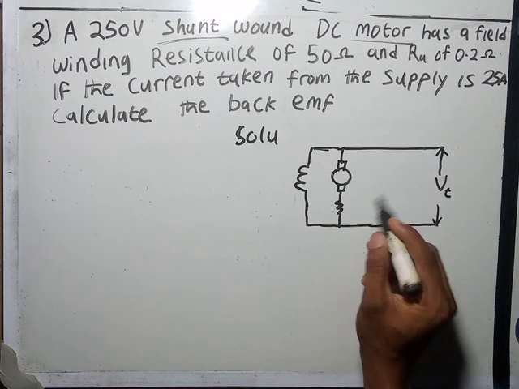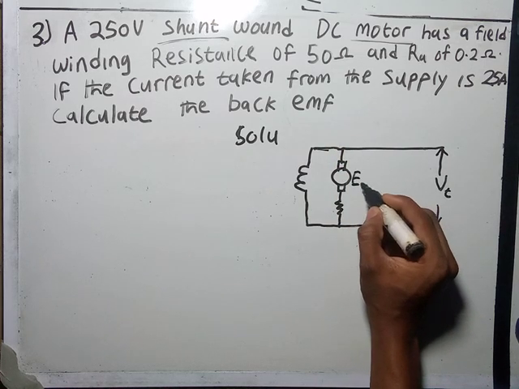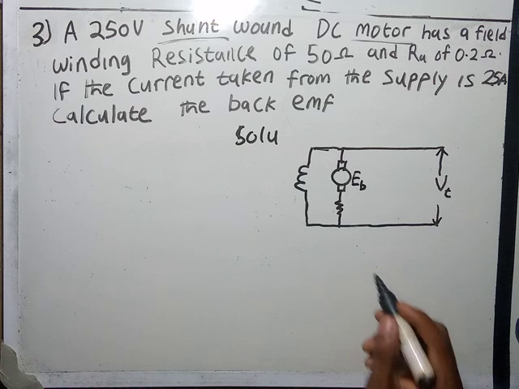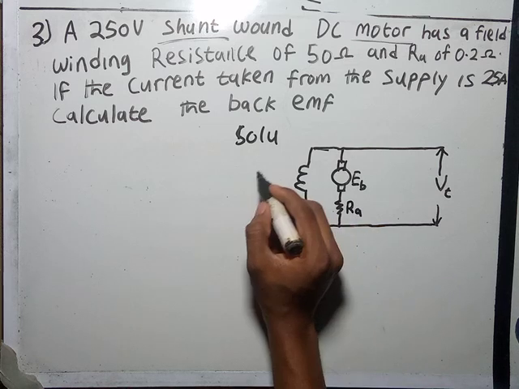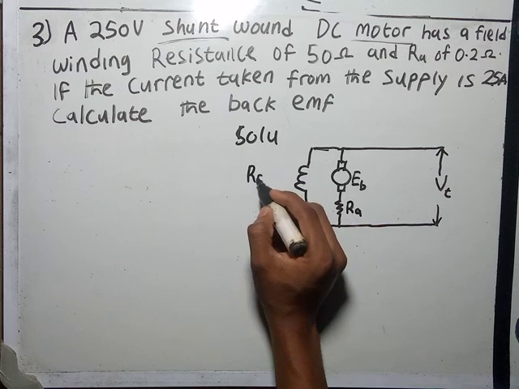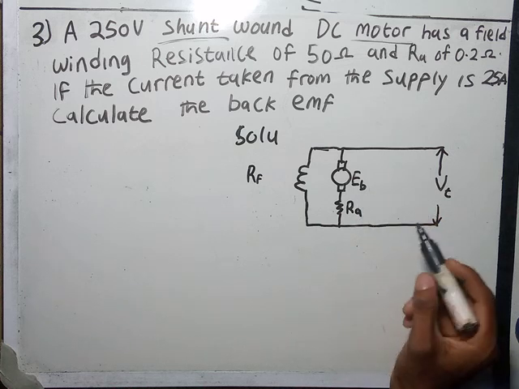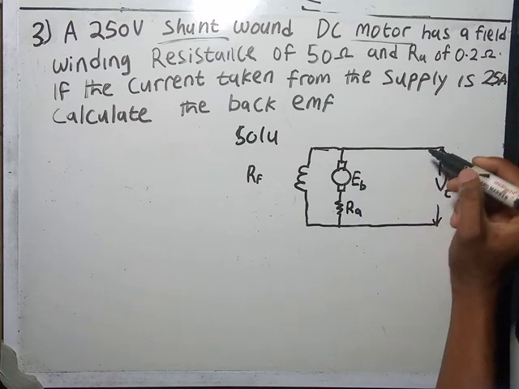Since we're dealing with a motor, we will be having back EMF and not generated EMF. That's the first. Then here is our armature resistance, our field resistance, and since it is a motor, that means it is converting electrical into mechanical.